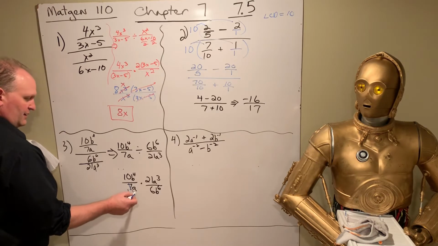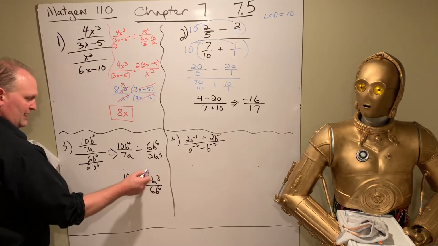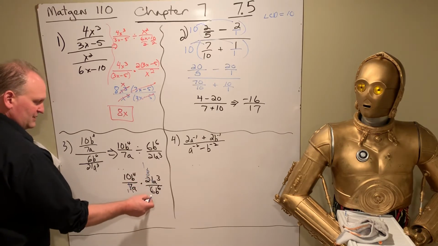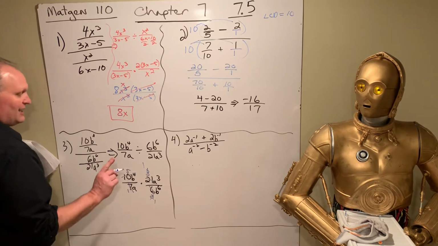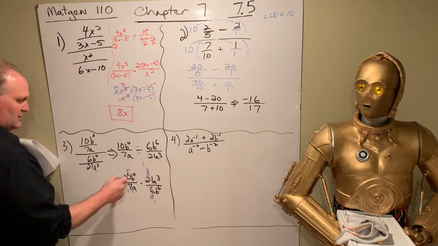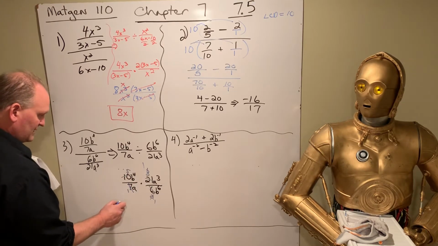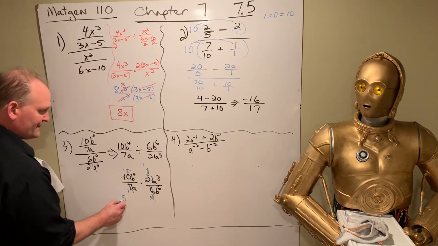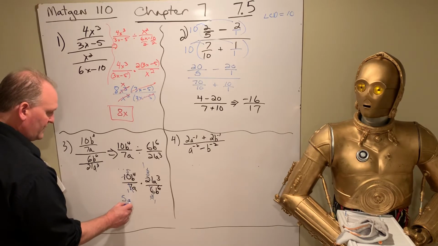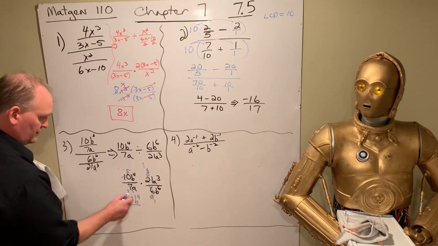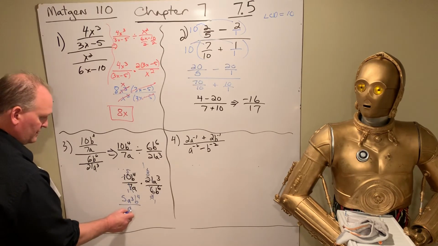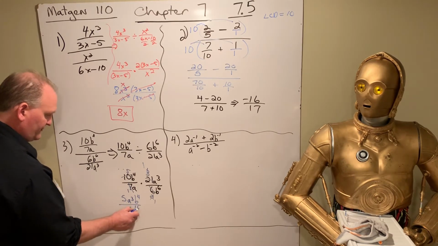7 goes into 21 3 times. 3 goes into 6 twice. 2 goes into 10 5 times. That will actually be easier. So let's see. We've got 5a cubed b to the 4th over ab to the 6th.